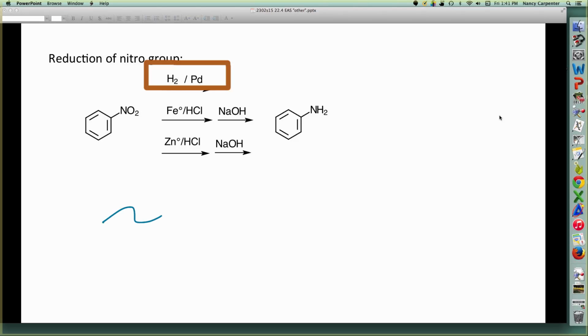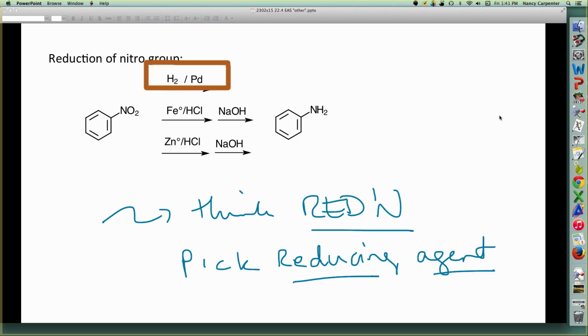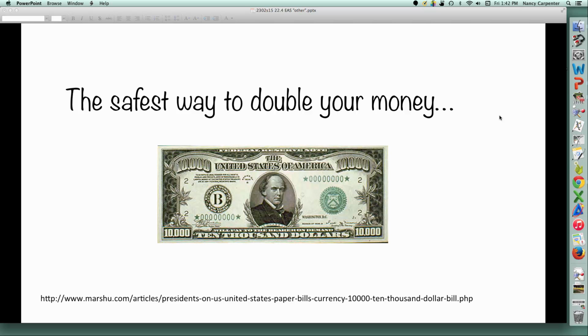So the take-home message here is, if you think about the fact that this is a reduction, and you pick a reducing agent, it's likely to be correct because it's likely going to work to reduce your nitro group down to the amine. That's important because then we can use that amine to transform your aromatic compound into all kinds of other things, as we'll see in the next mini lecture.